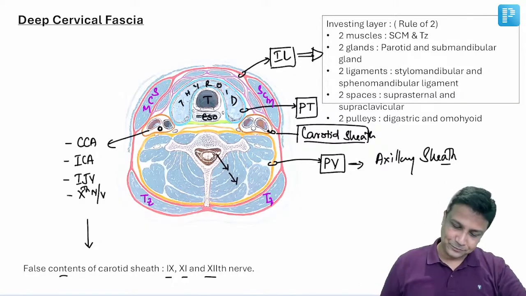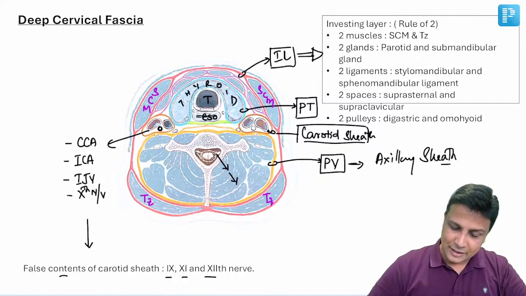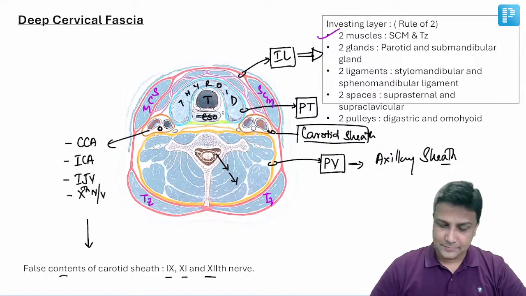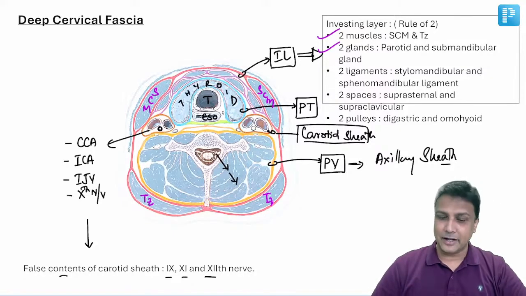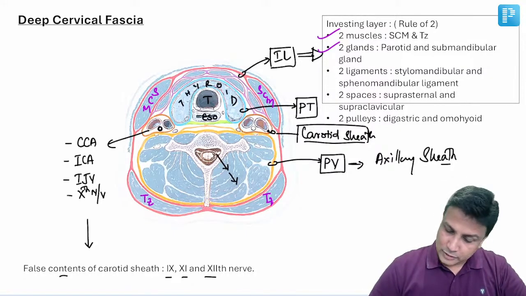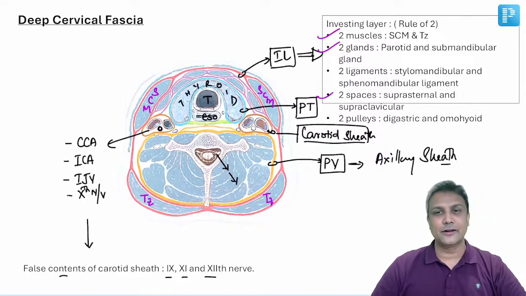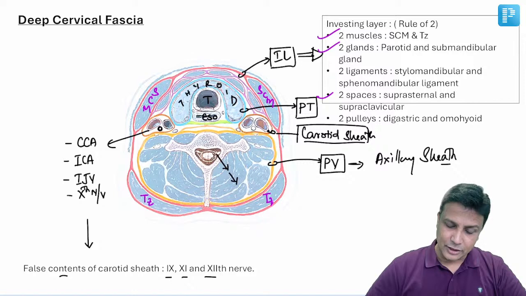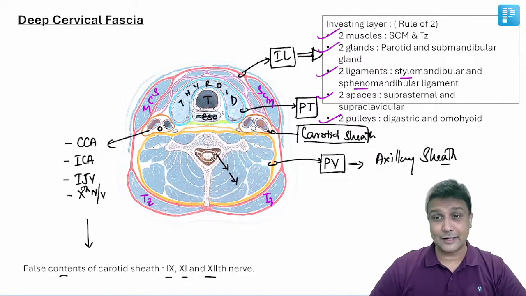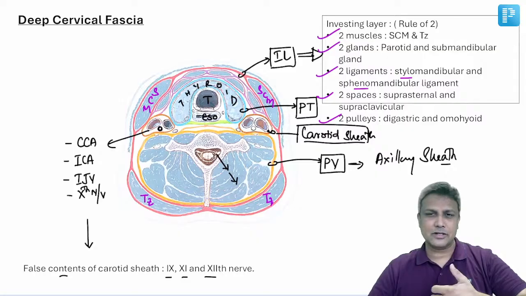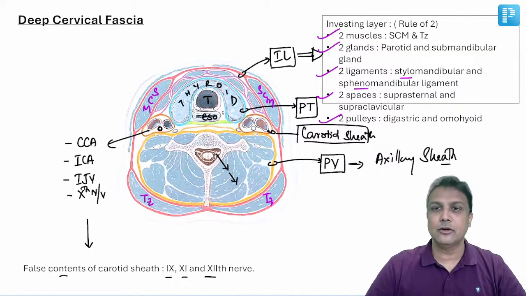Apart from that, there will be two ligaments, stylomandibular and sphenomandibular, and then there will be two pulleys actually, one for the digastric muscle, the digastric pulley, and the omohyoid pulley.